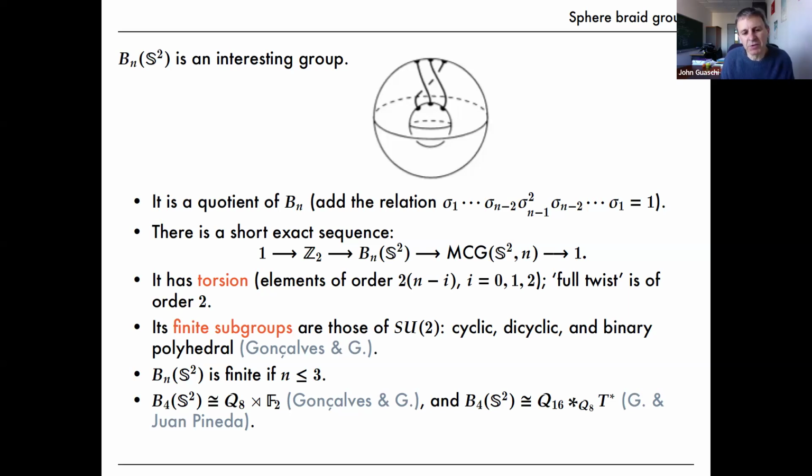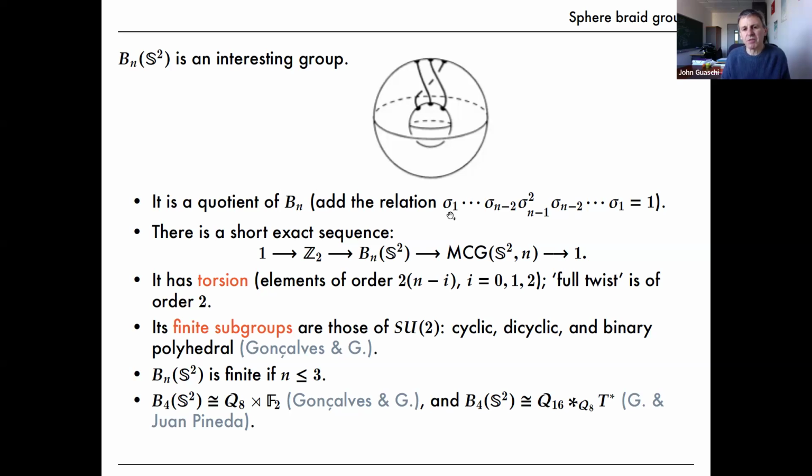It has a number of interesting properties. One of the first is that you can write down a presentation, and it turns out that the braid groups of the sphere have a similar presentation, with the usual generators, the σ_i that we saw in previous talks, with the Artin relations. To get the braid groups of the sphere, you just need to add one relation, which is this one in terms of the sigmas.